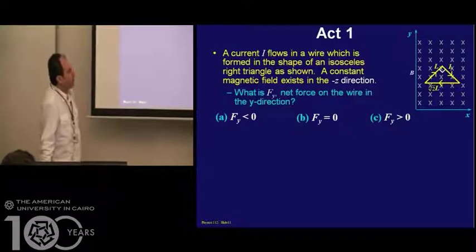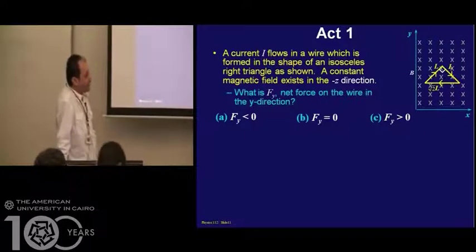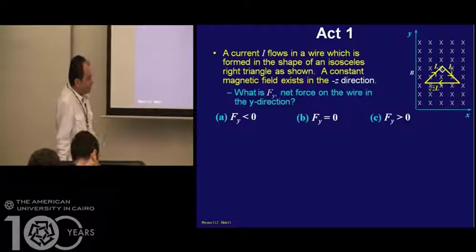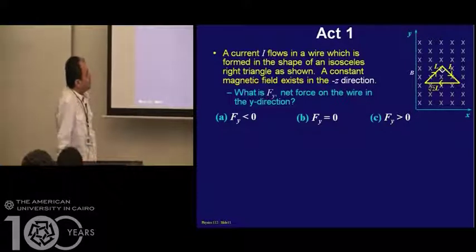We have a triangle that has a current I that flows as you see, and we put that triangle inside a magnetic field. Now, the first question that I'm going to ask you guys: what is the Y component of the force on the wire?